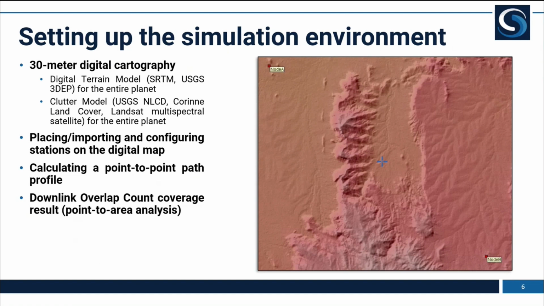And that's giving us contiguous coverage over the entire planet. We also have clutter data that's included with Spectrum E for the entire planet from multiple sources. We've listed here the National Land Cover Dataset from the USGS, Korean Land Cover, Landsat multispectral satellite photographs. All that is used to create a global clutter model, which we'll highlight during the product demo, but I think many people are familiar with that.